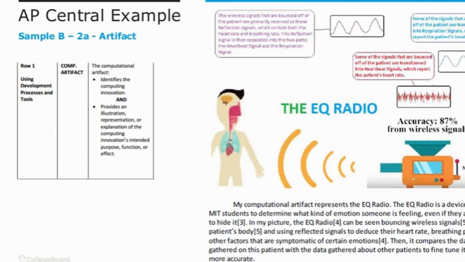So this artifact here did not provide an illustration, representation, or explanation of the fact that this EQ radio's purpose is actually to determine someone's emotions. Nowhere does that communicate that to me, and in their written response, they do not address how this artifact would communicate that to me. So this one would not get the points.